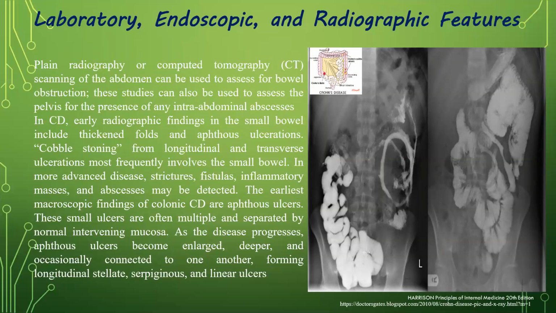As the disease progresses, aphthous ulcers become larger, deeper, and occasionally connected to one another, forming longitudinal, stellate, serpiginous, and linear ulcers. On the picture here, you can see stricturing of the small bowel in a patient with Crohn's.